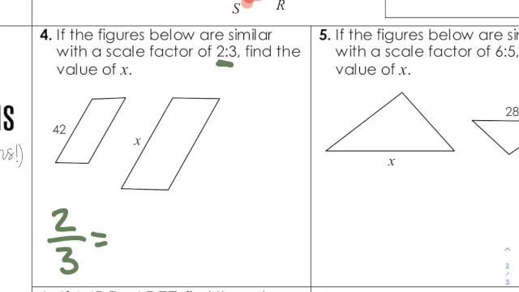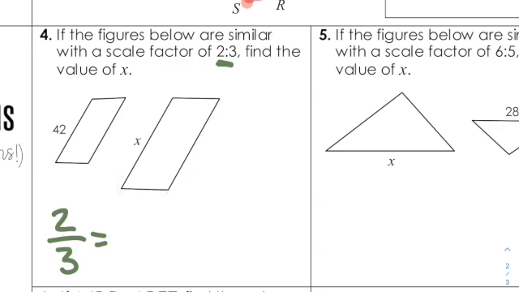Now, how you're going to set this up has some logic behind it. You can't just put stuff anywhere. There are very specific reasons. If you think about it, what number is smaller, 2 or 3? You should say 2. Which shape is smaller, this one with the 42 or this one with the x?